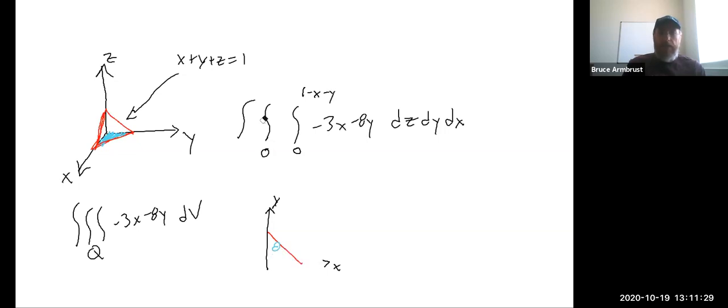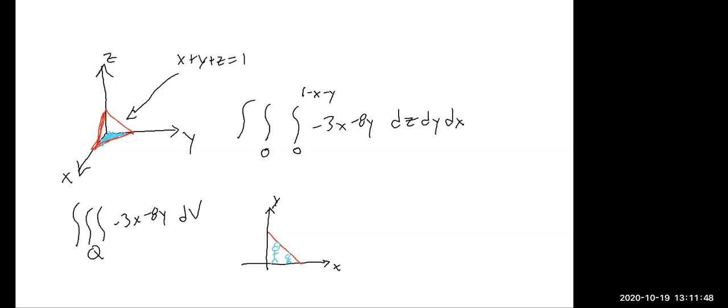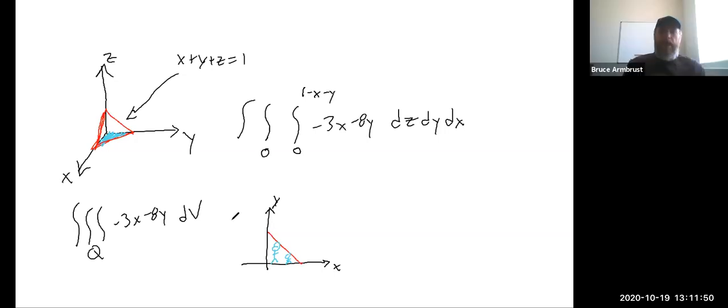But then the question is, what about his head? Well, his head is given by this line. So what's the equation of that line? y equals minus x plus 1. All right, so y equals minus x plus 1.